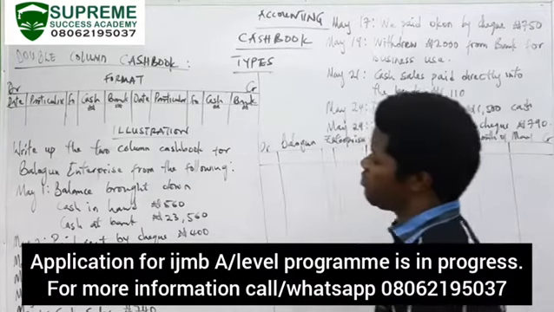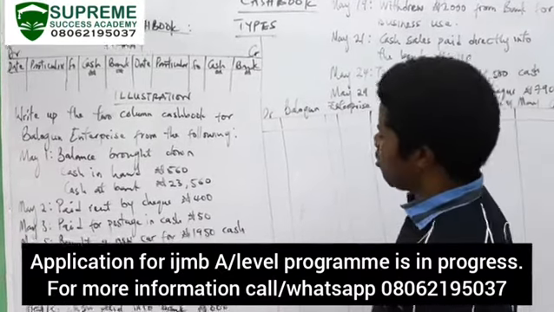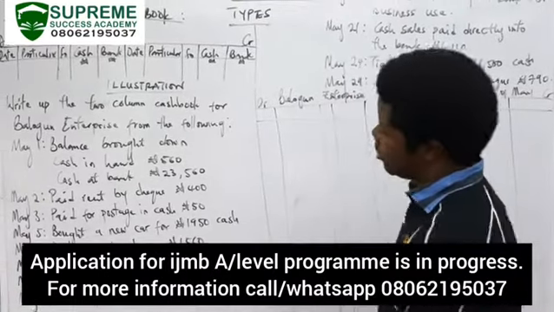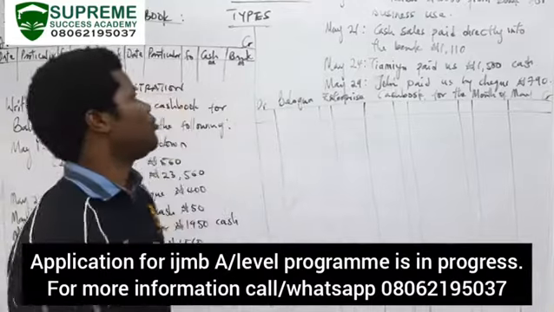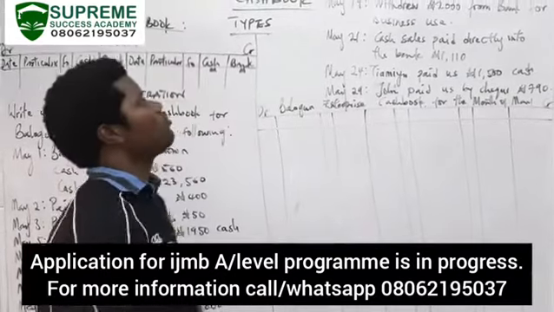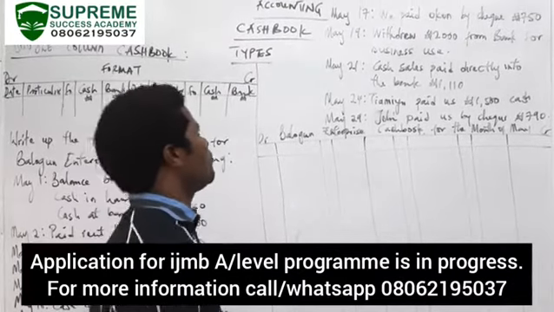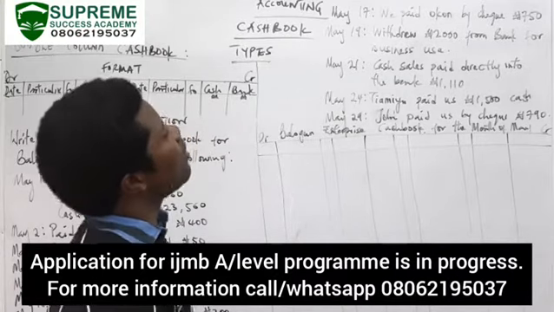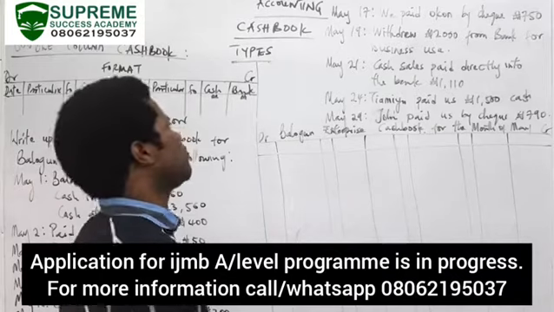On the 15th May, cash paid into bank 600. Cash paid into bank is a special transaction which we shall be explaining as we go on in our study. 17th May, we paid Okon by check 750. 19th May, we drew 2,000 naira from bank for business use.